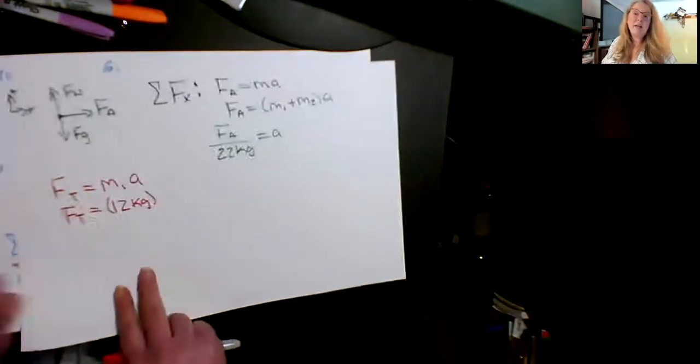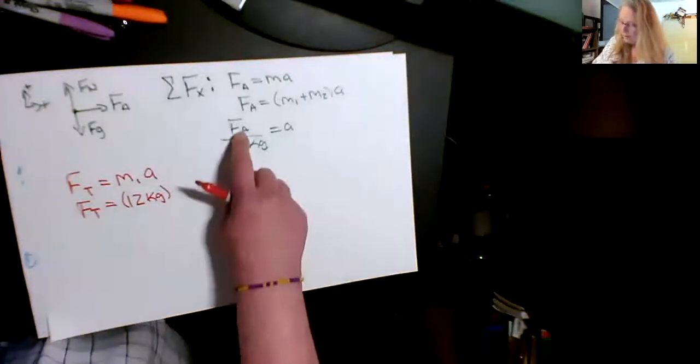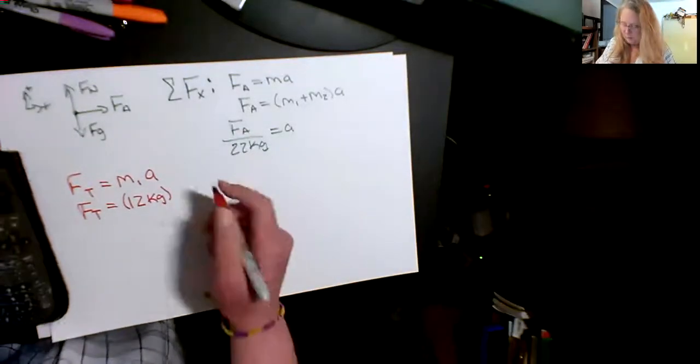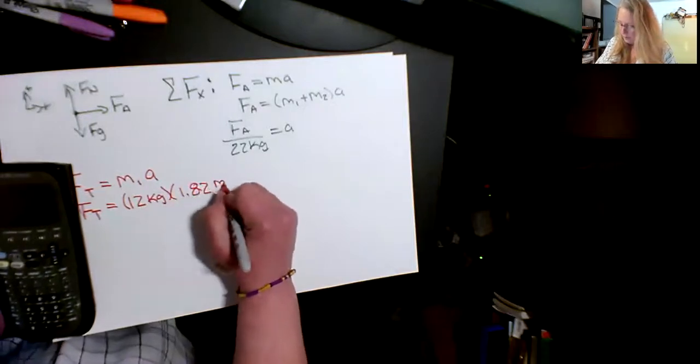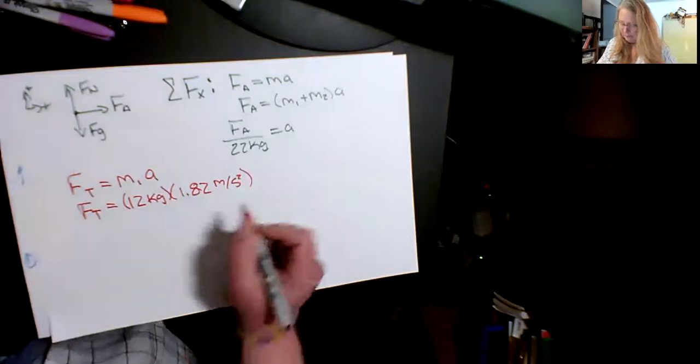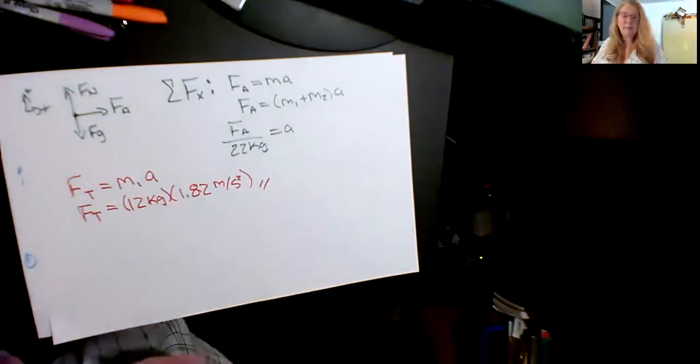Sometimes you just have to be persistent with your calculators. So when I divided the force applied by the 22 kilograms, I get 1.82 meters per second squared. And that will give me my force of tension. And I'm done. So let's move on to our next example.